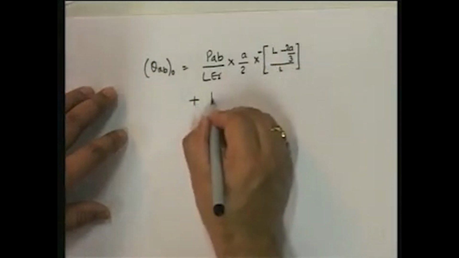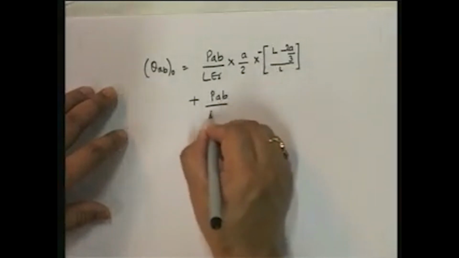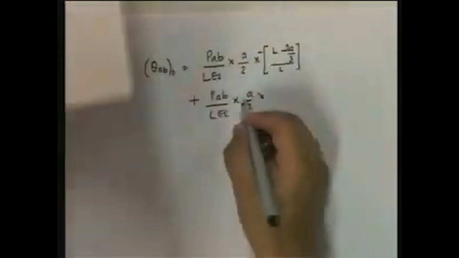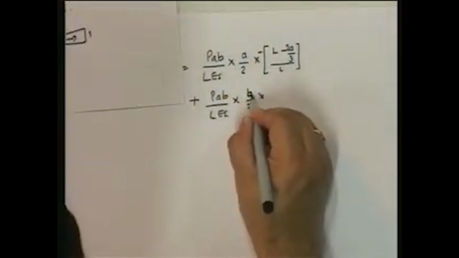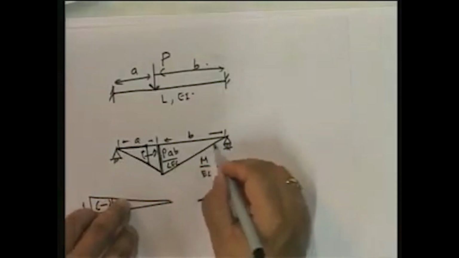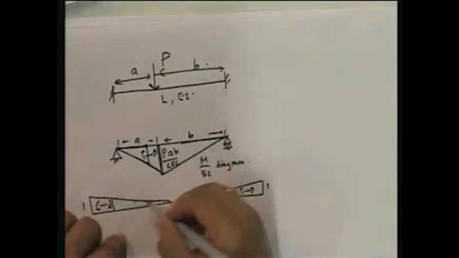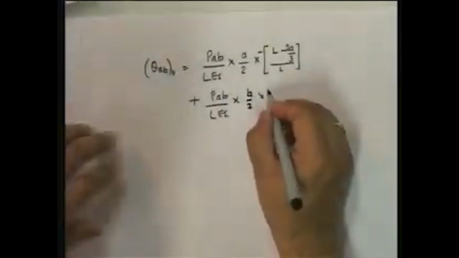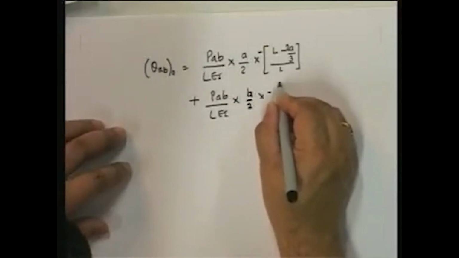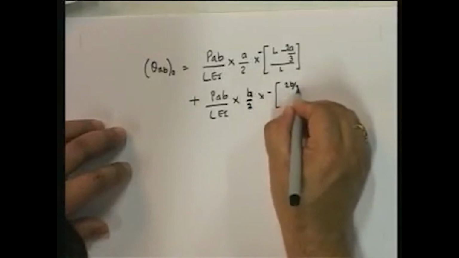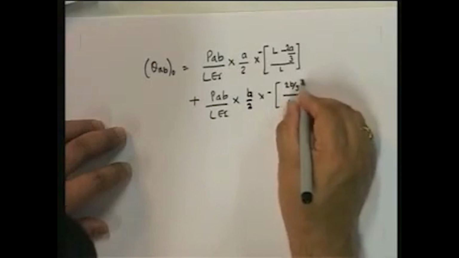And then the area under the other curve is going to be B by 2. So this is the area under this curve. And what is it at? At 2/3 B from this end. So the value of this is going to be equal to, again, minus outside, 2/3 B upon L.